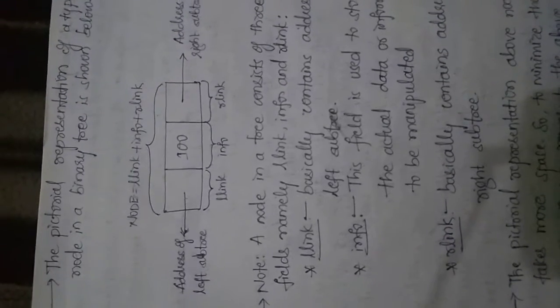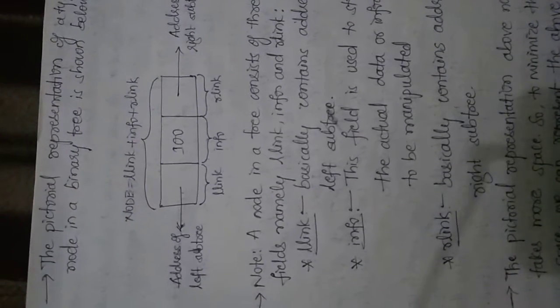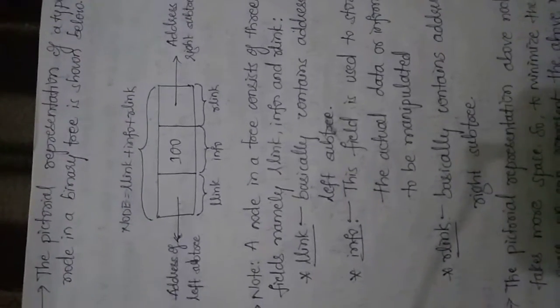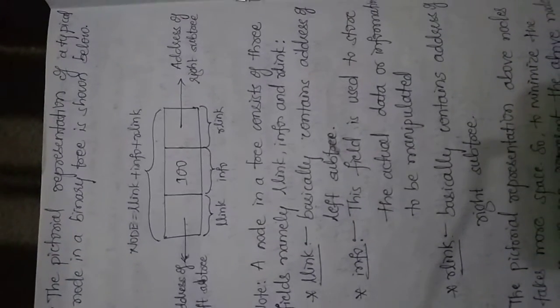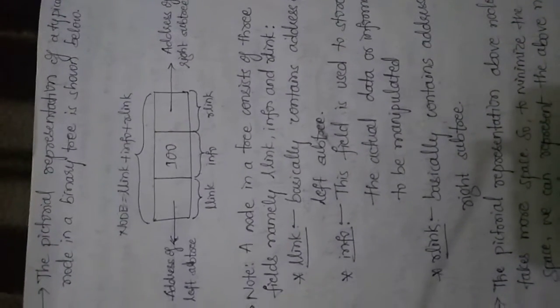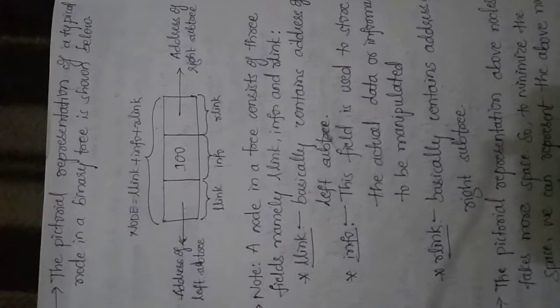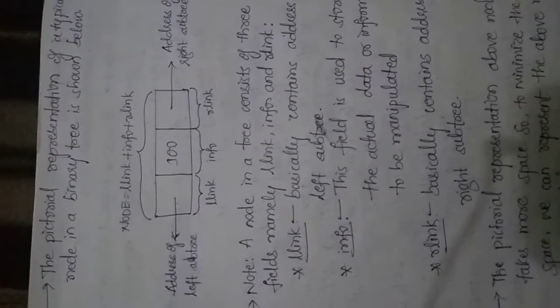The middle field is the information field, the left field is the left link that gives the address of the left subtree, and the right link is a pointer that gives the address of the right subtree. This is a pictorial representation of a typical node in a binary tree.